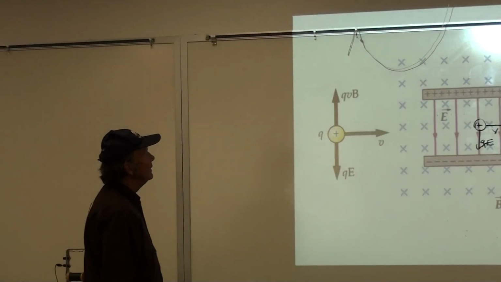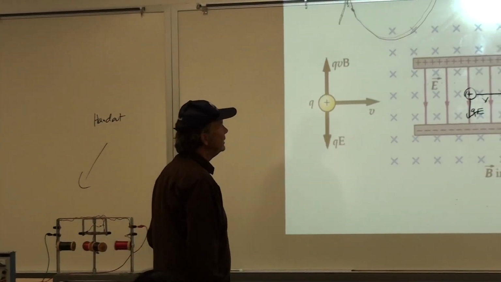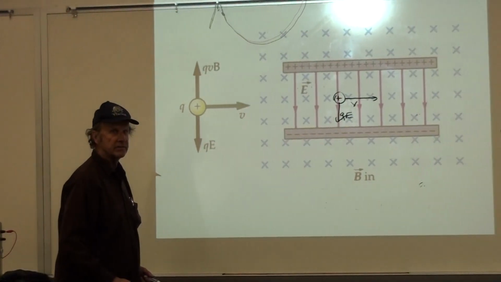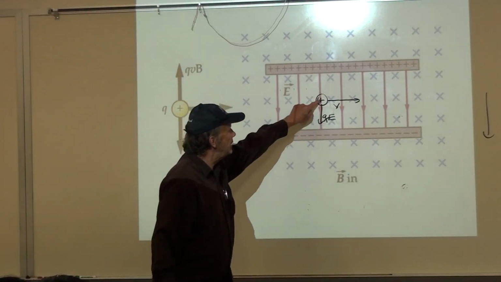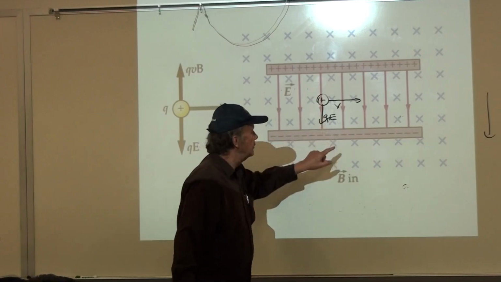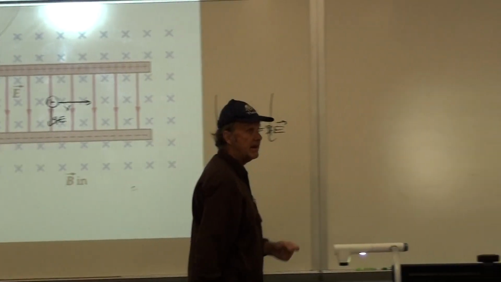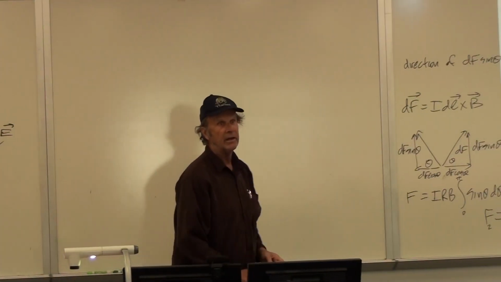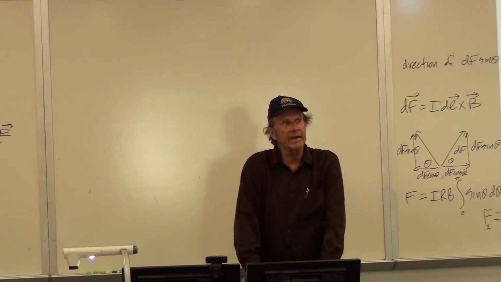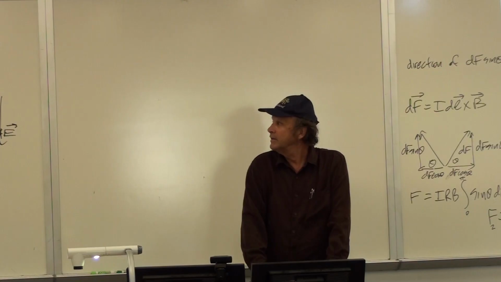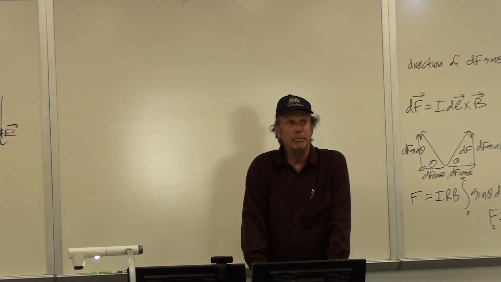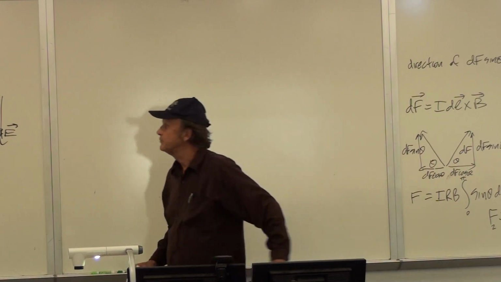The other thing that we want to try to cancel out here is the magnetic force. So for a certain velocity, we have a velocity-dependent magnetic force. Remember, the electric force is not velocity-dependent. So the way that we're selecting for this velocity is by adjusting the magnetic field in such a way as to get a balance between the vertical forces so that there's no net deflection.